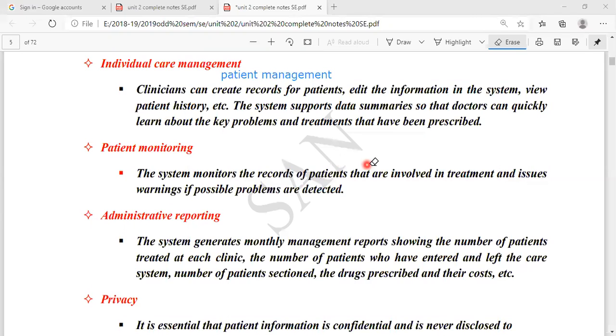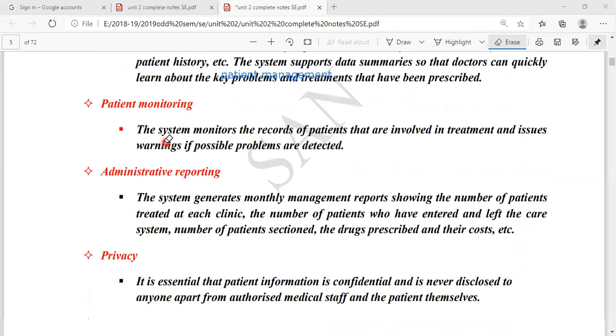By checking what type of treatment is given to the patients, and in case of ICU, if the patient is under ICU during some emergencies, the software has to give an alarm or highlight that, suppose, in ward number 10 the patient is serious. All these kinds of things are carried out through the patient monitoring system.